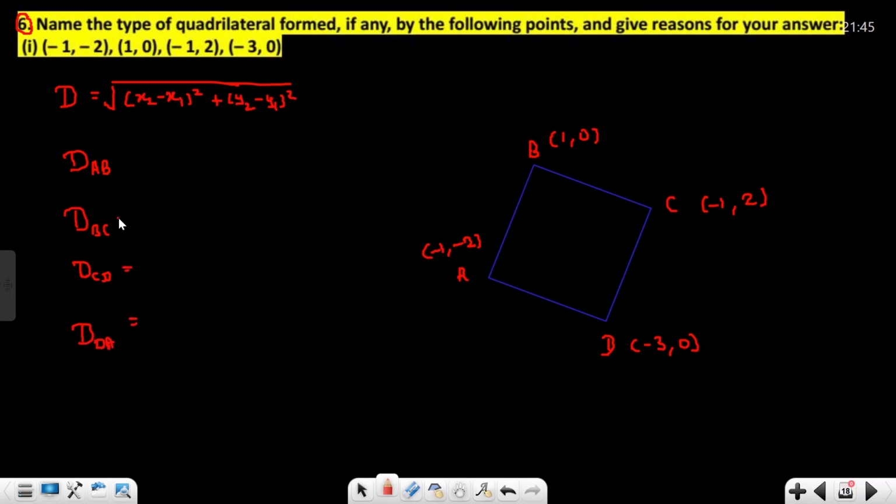Find all the side distances. If all side distances are equal, it means a square. If opposite sides are equal, it means a rectangle. If all sides are different, it means it is a general quadrilateral.